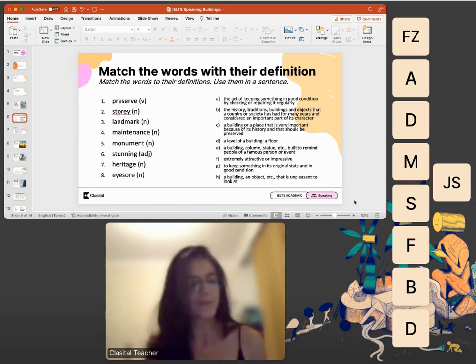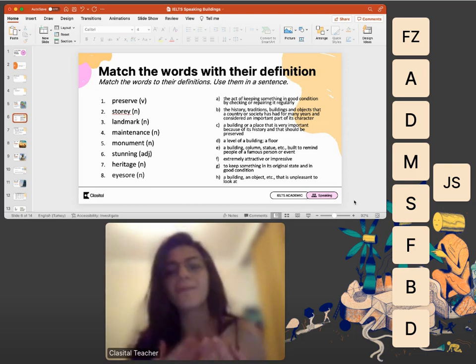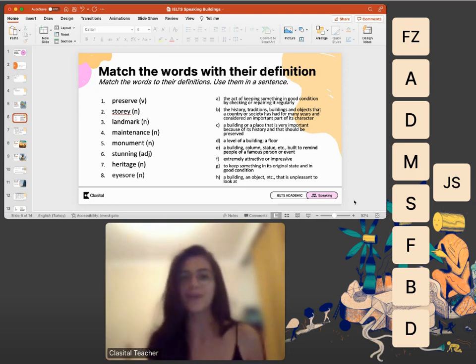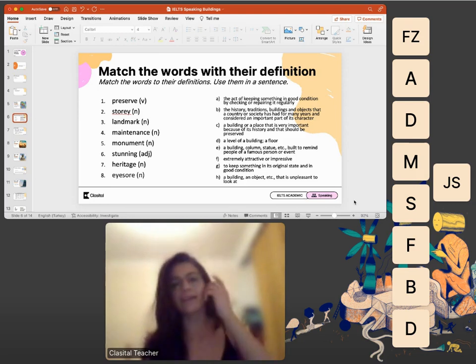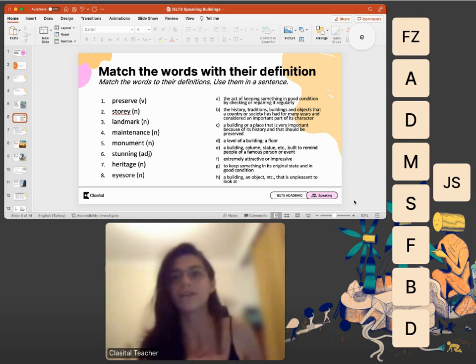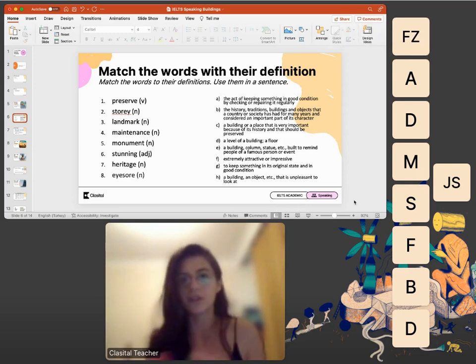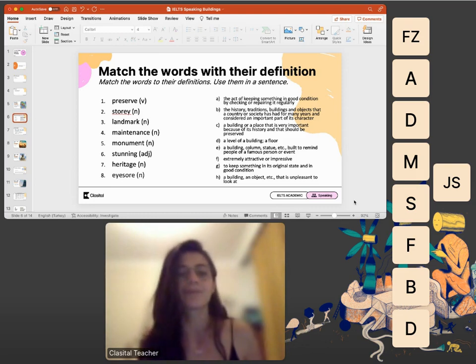Yes, a monument is a building, column, statue, etc., built to remind people of a famous person or an event. So basically, there's for example, a monument of Atatürk in Turkey a lot because he's the founder of that country.